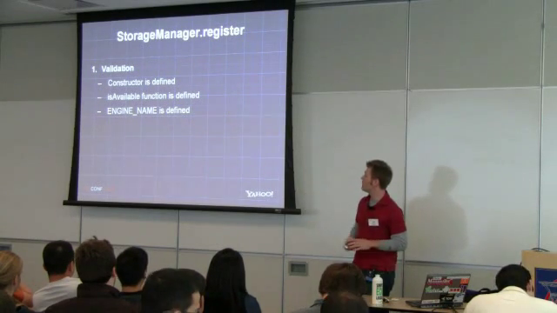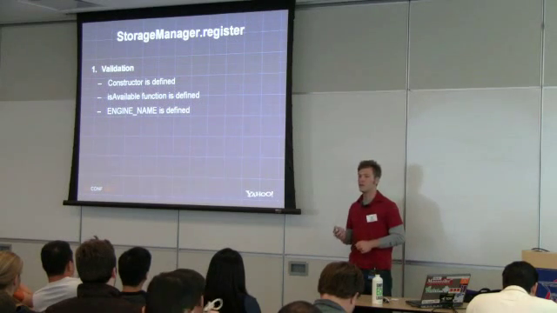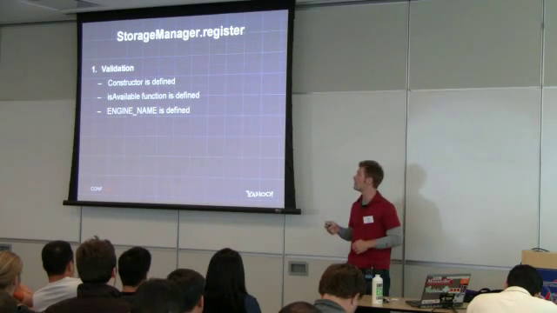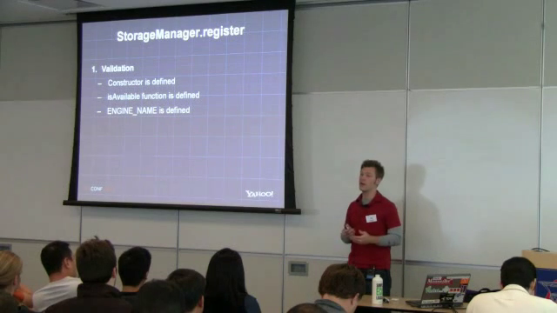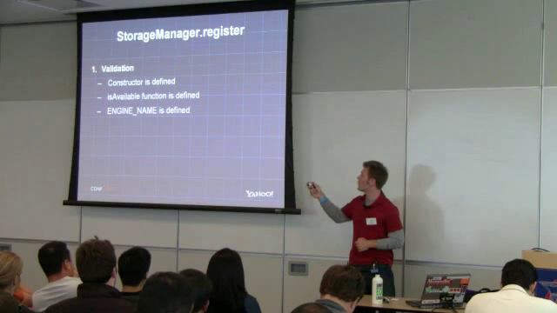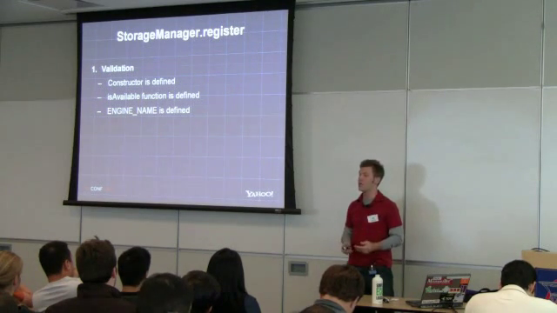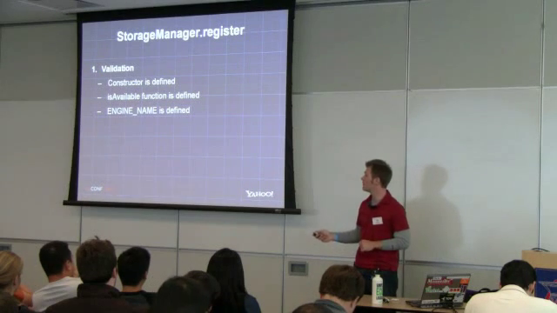And then engine name is the unique name you're going to assign to this engine, and it's used for a map to very quickly fetch when calling the storage manager get. We use this engine name map so that we don't have to iterate through all of the storage engines all of the time.